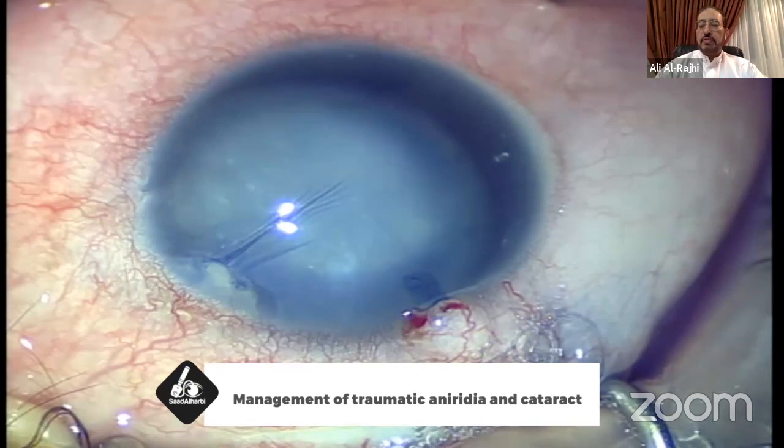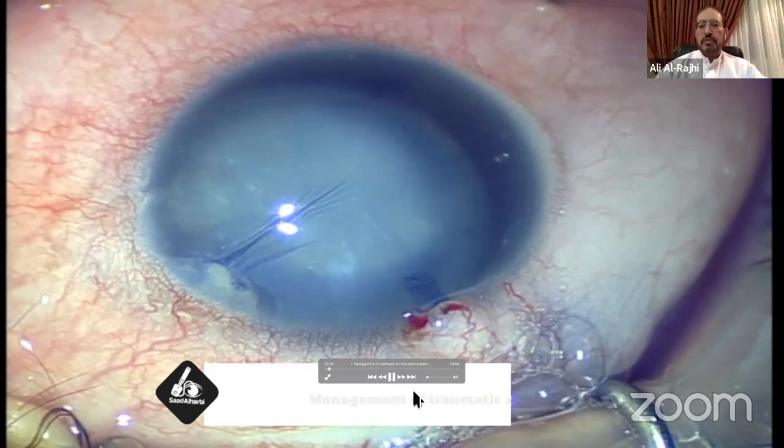Another way: because you have an opening there in the capsule, which is peripheral, you can manually aspirate this cortical material, since he is young, and release any tension of the anterior capsule. And if you cannot remove all the cortex, you can fill it with viscoelastic and then do the capsulotomy. So all of these options can be done with this case.